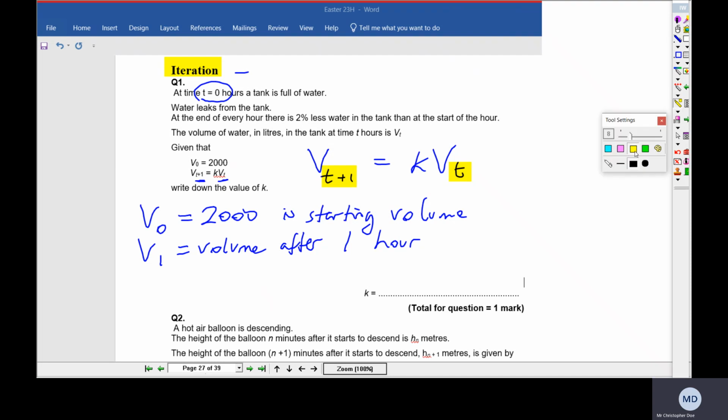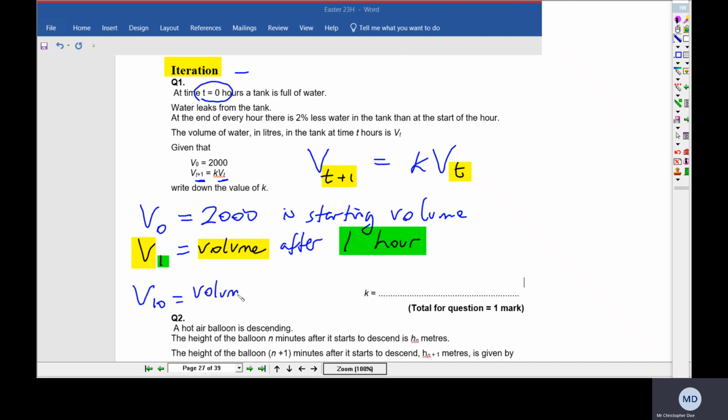So in this question, V stands for volume, and the little number 1 just stands for how much volume you've got after an hour. Does that make a little bit more sense now? So what code would I write down for the volume after 10 hours? V10. Right. So V10 just means volume after 10 hours. Does that coding make sense now?